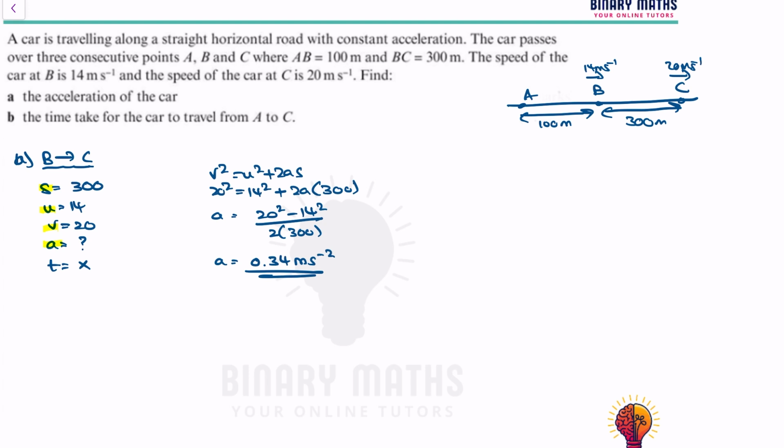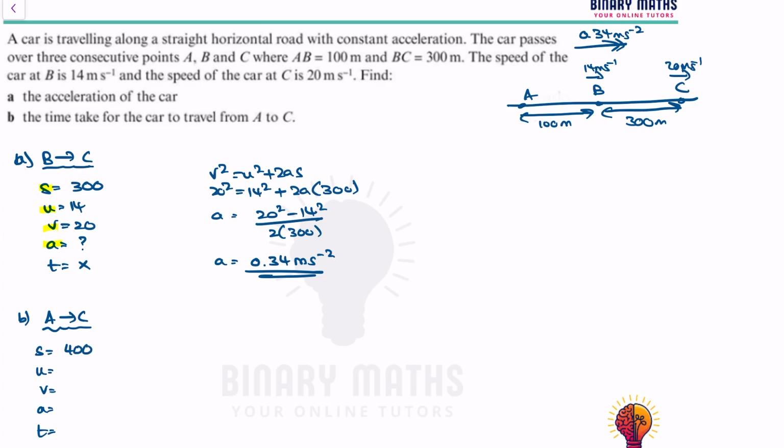The time taken for the car to travel from A to C. So now we know that acceleration is 0.34 meters per second squared. So when we go from A to C, we're going to consider the whole journey. So if we're setting up SUVAT for the whole journey, the displacement is 400 meters.